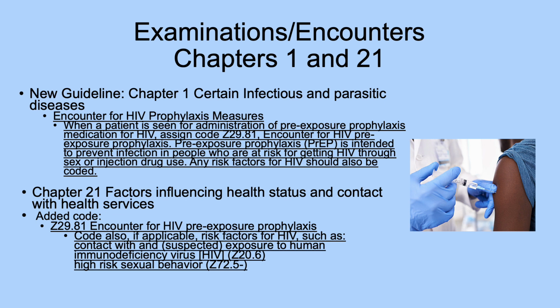Risk factors should also be coded. So in the tabular list, they added a code Z29.81, encounter for HIV pre-exposure prophylaxis. And they also said, again, put in those risk factors. Why does this patient need prophylaxis? Well, possible risk factors.